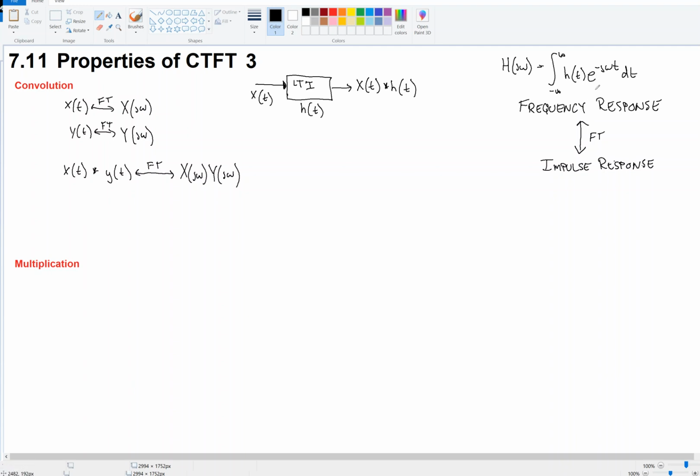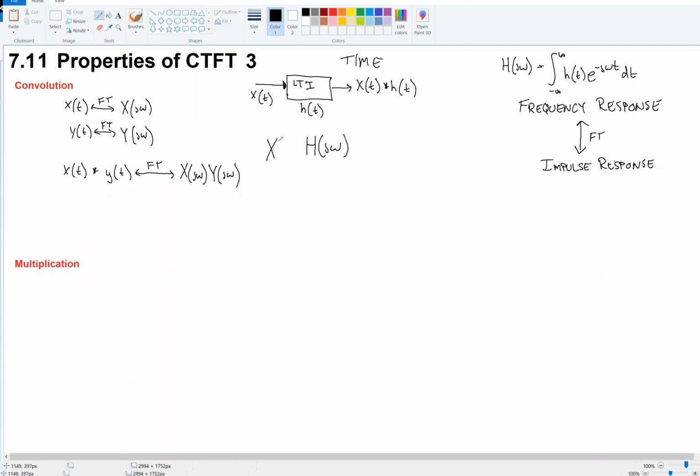This is good news for us, because that means if I want to find the output of a linear time-invariant system, I could do convolution in time. That's the way to do it in time. But there's another way, and that is to find the frequency response, which is the Fourier transform of the impulse response.